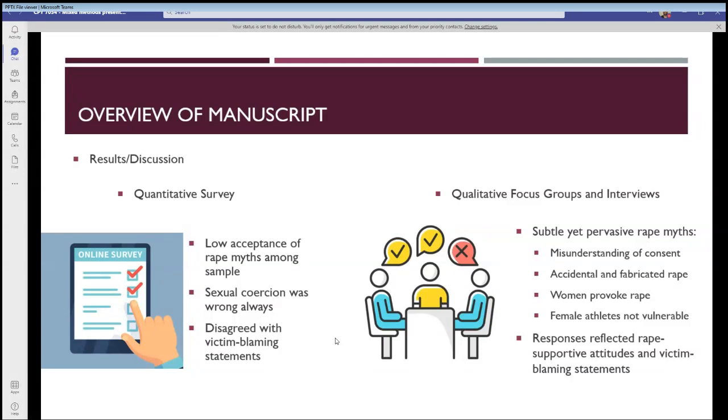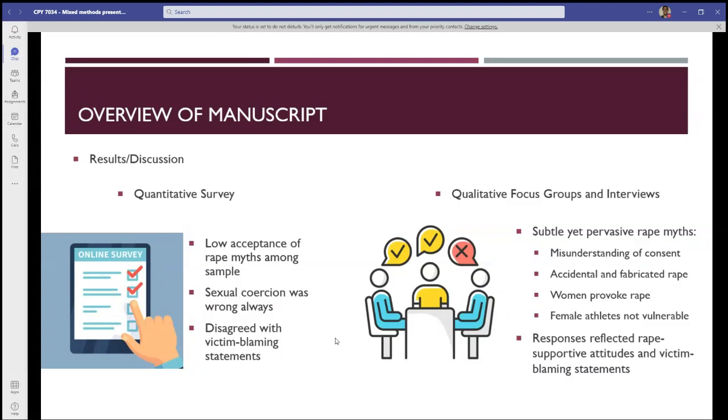However, when looking at the qualitative focus groups and interviews, there were some differences from what we saw in the quantitative study. For instance, subtle yet pervasive rape myths that fell into 4 major themes were shown during the focus groups and interviews.